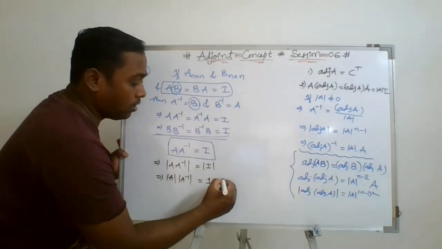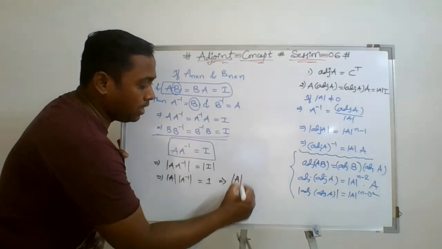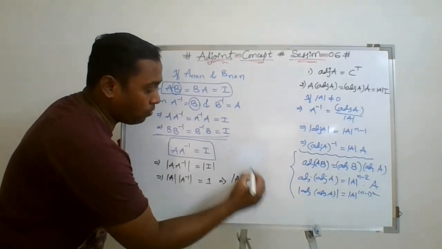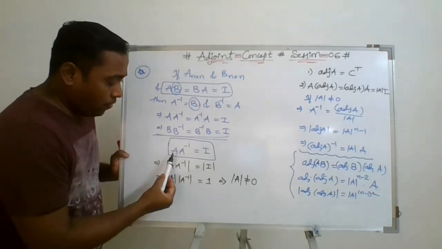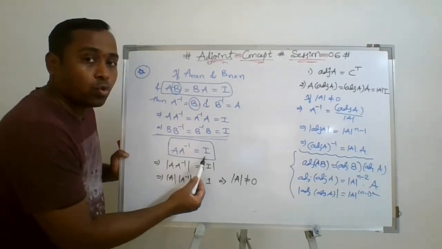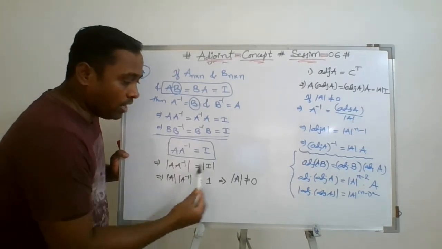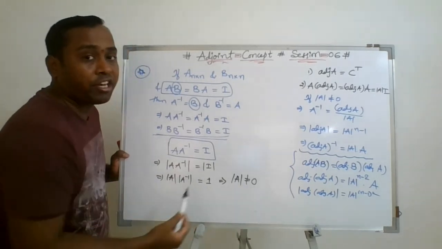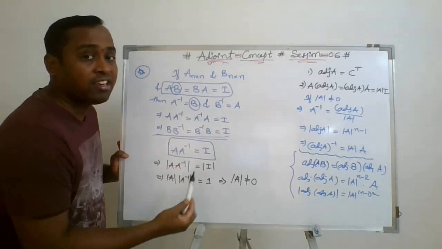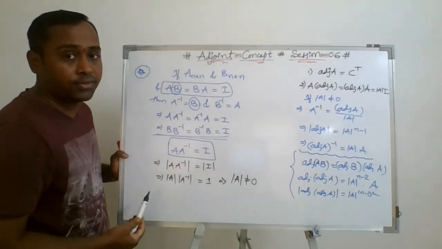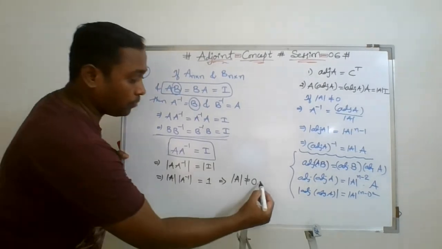So from here I can say the determinant of A is not equal to 0. What does it mean? It means that the inverse of a square matrix exists only when det A is not equal to 0, that is, when the given square matrix is a non-singular square matrix. First result.